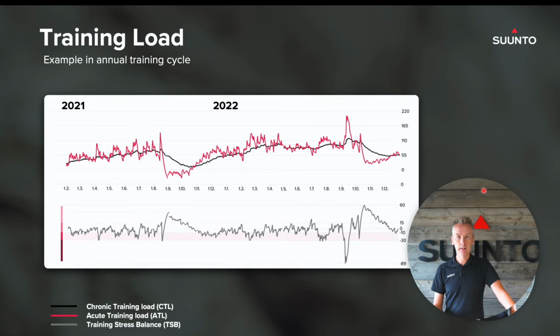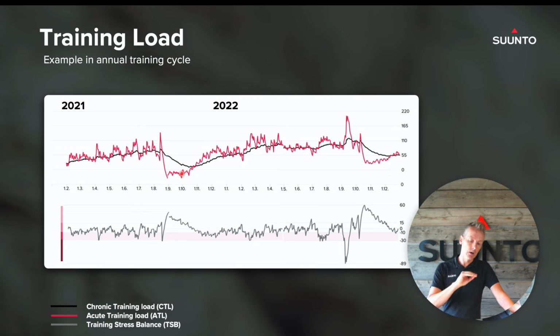I will give you an example of how this could look when you are training over a longer period of time. This is my personal example, 1.5 years illustrated from the Suunto mobile application. This is our progress chart, where you can see a red line as the acute training load, which changes every 7 days.